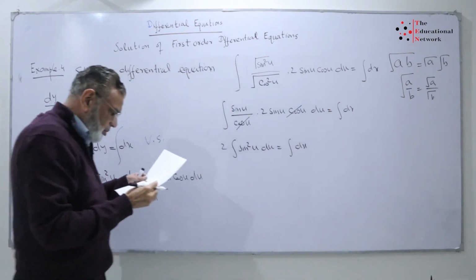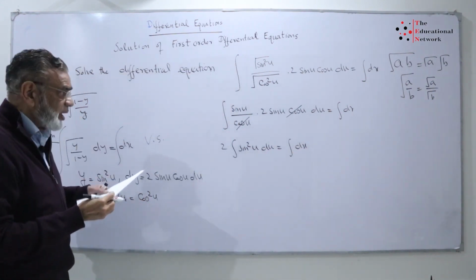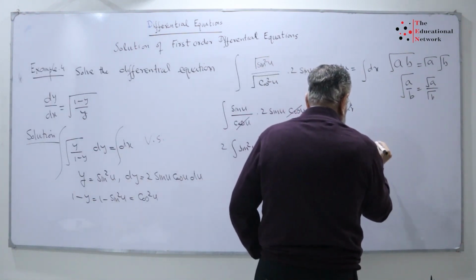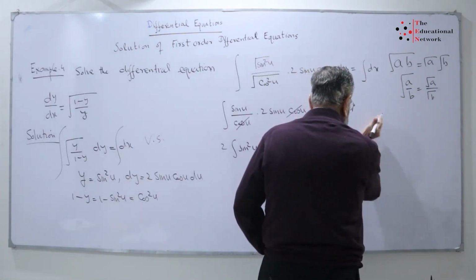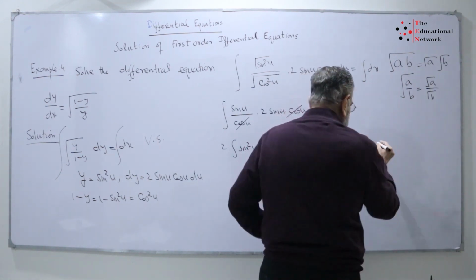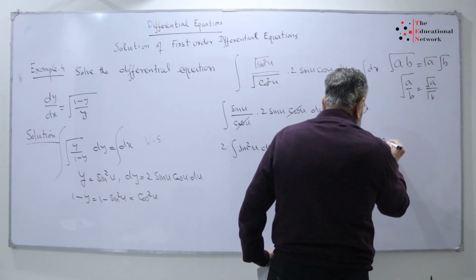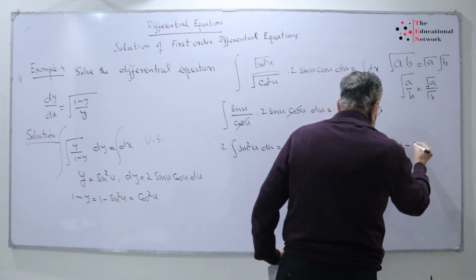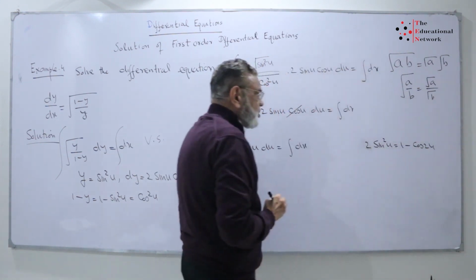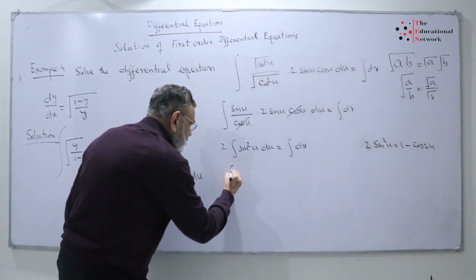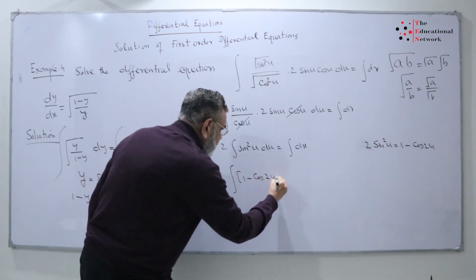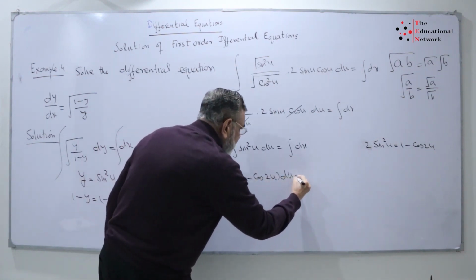So for sine square u, we can use the half angle formula: sine square u is equal to 1 minus cosine 2u over 2, and 2 multiplied here, so 2 sine square u is this. So you can write this as 1 minus cosine 2u du equal to dx.